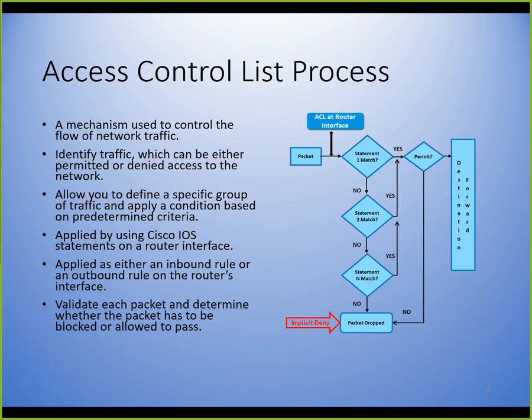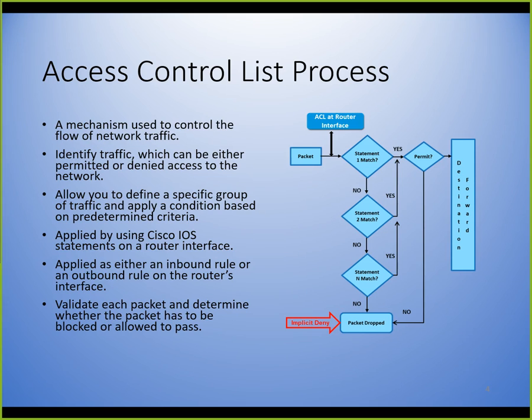If it's not, it goes into the packet drop, the bit bucket. If it's not a match, we go to statement 2. If it's a permit, we move on. If it's not a permit, or if it doesn't apply, we go on down the list until we get to the bottom. If nothing applies, then the packet is dropped by the implicit deny.